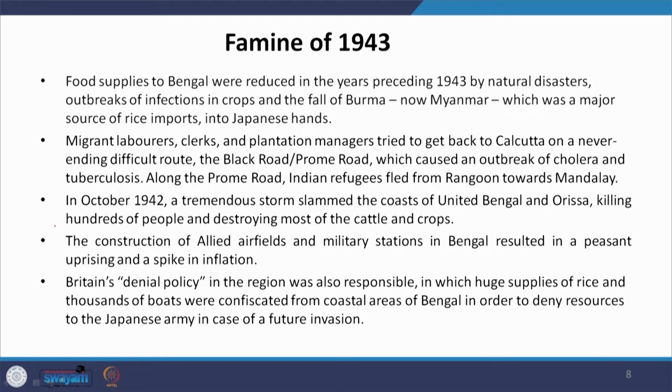At the same time, the construction of allied airfields and military stations in Bengal resulted in a peasant uprising and a spike in inflation. Britain's denial policy in the region was highly responsible, in which huge supplies of rice and thousands of boats were confiscated from coastal areas of Bengal in order to deny resources to the Japanese army in case of a future invasion.